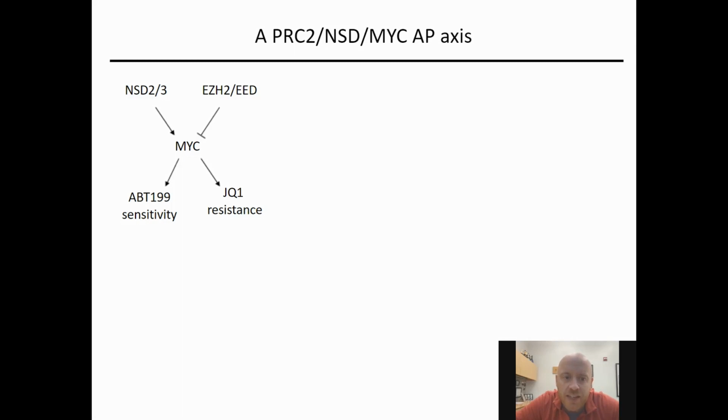Specifically, we hypothesized that NSD2/3, whose activation would be assumed to activate MYC, this arm of this cassette could drive resistance to JQ1, but sensitization to ABT199. And that correspondingly, EZH2 and EED, which are negative regulators of MYC, might be seen to confer resistance to ABT199, but sensitivity to JQ1.